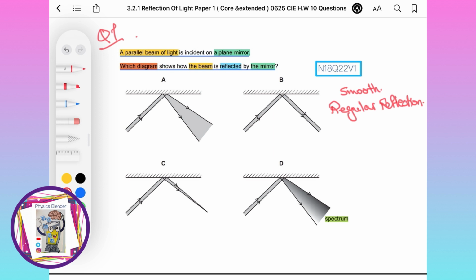But if you have a rough surface, we call this diffuse reflection, and we may find that the rays could be scattered, but in the two types they obey the law of reflection.